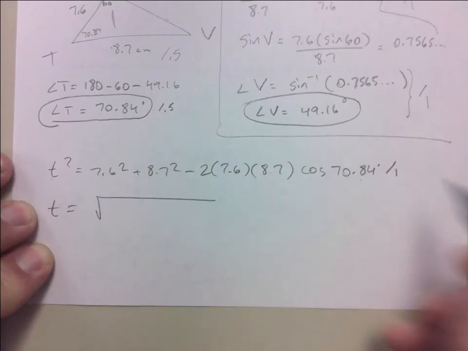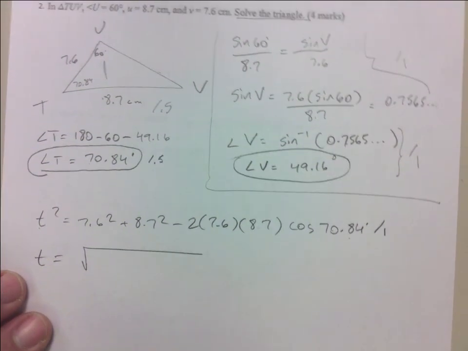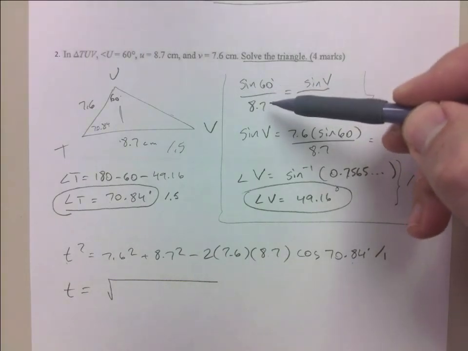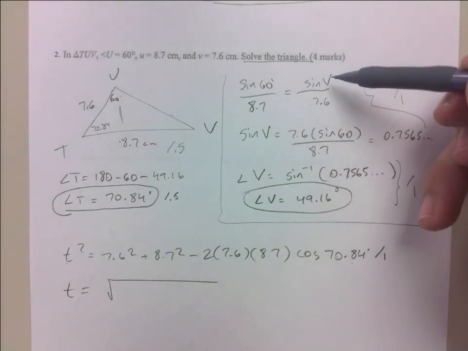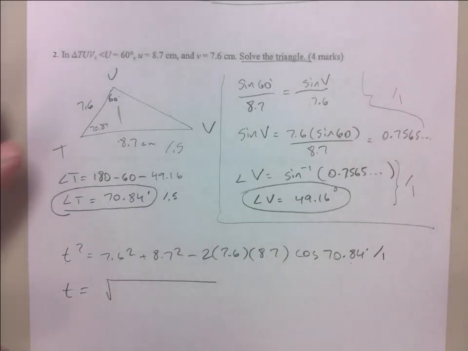1 mark for either using sine law or cosine law, but setting it up properly. If you use sine law, I would strongly suggest you start with a pair that you knew right from the get-go, and then you're going to go sine of 70.84 over T, and then solve that way. So that's fine.